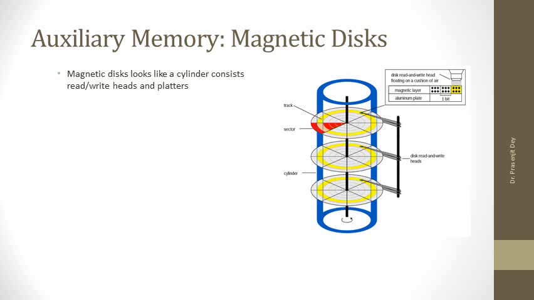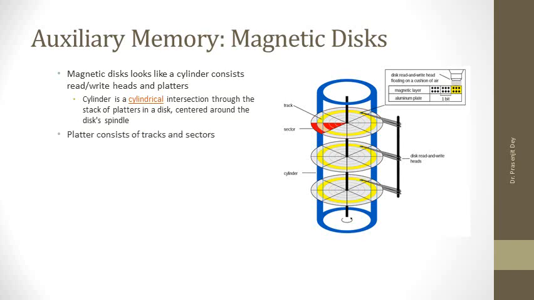The read write head can be on only one side of the platter or on both sides. If the information is stored on both sides of the platter, then the read write heads will be on both ends of the platter, on the top of it as well as below it. Now a cylinder is a cylindrical intersection through the stack of platters in a disk, centered around the disk plane, which you can see as the vertical black line.